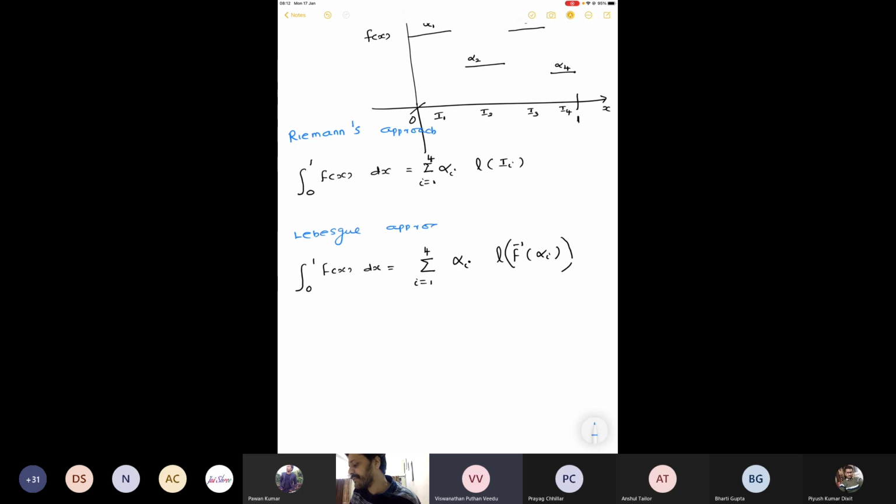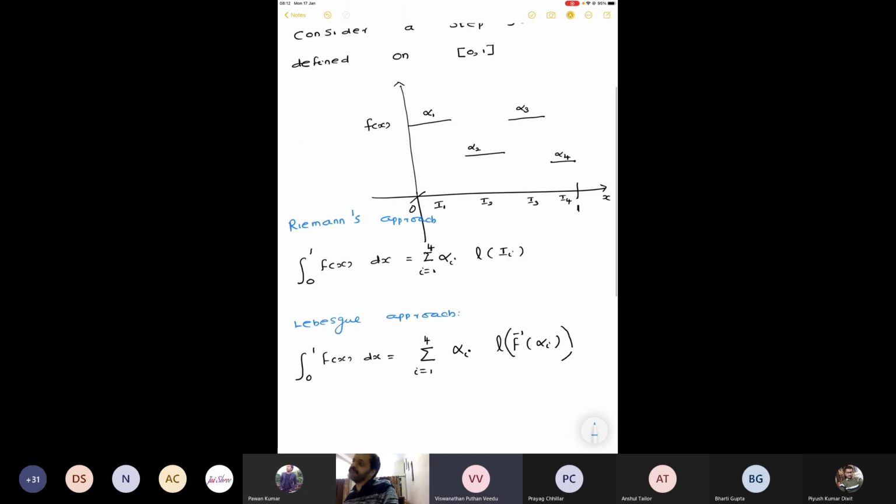The basic difference is that Riemann's approach subdivides the domain into several subintervals, whereas Lebesgue subdivides the domain looking at the range. You consider those values which are distinct and then consider f inverse of those.